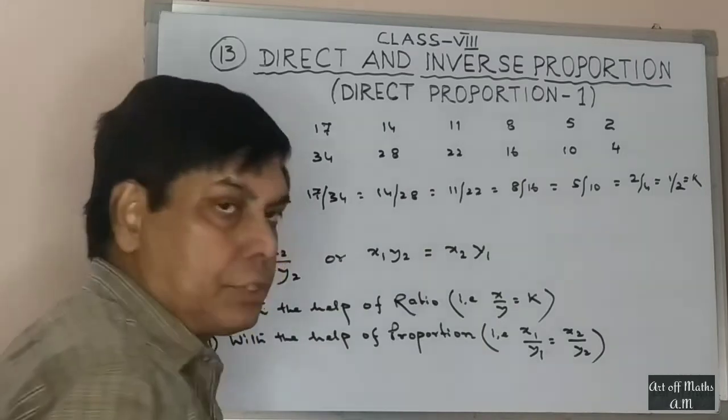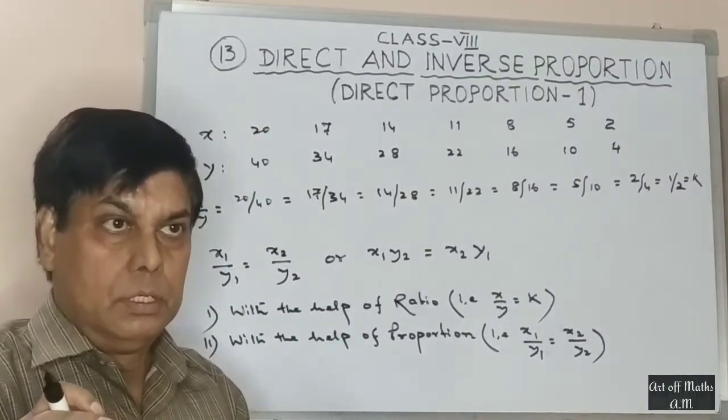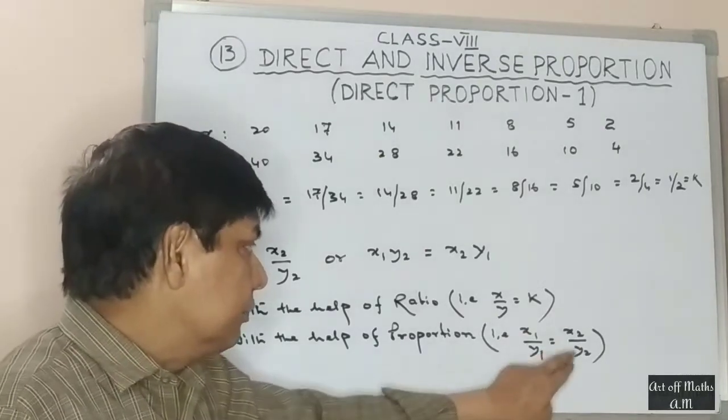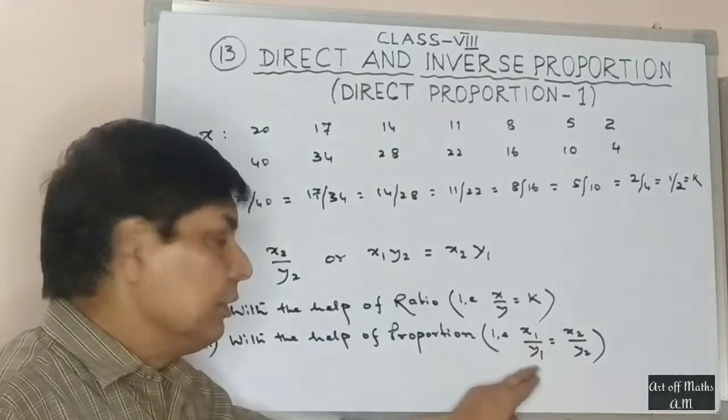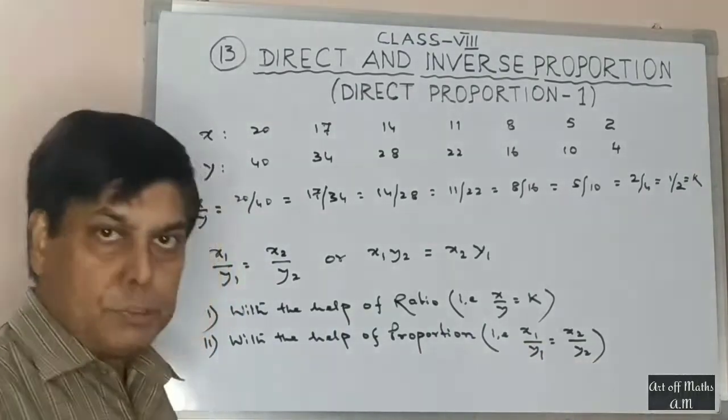Now what is proportion? When two ratios are equal, we can say proportion. This is one ratio, and this is the other. When these two ratios are equal, we can say it is a proportion.